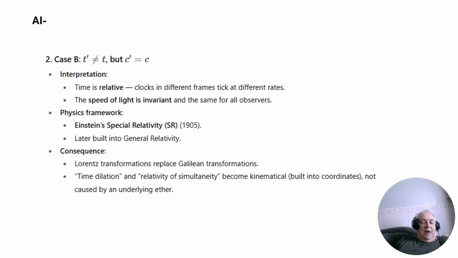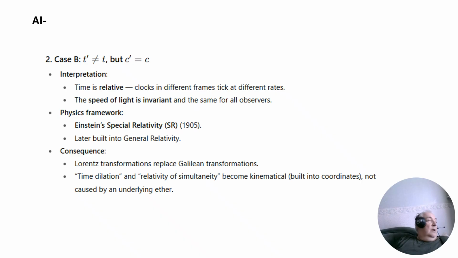So the physics framework is Einstein's special relativity, and that was later built into general relativity. Hence the consequences are Lorentz transformations replace Galilean transformations, time dilation and relativity of simultaneity become kinematic, built into the coordinates, not caused by an underlying ether.